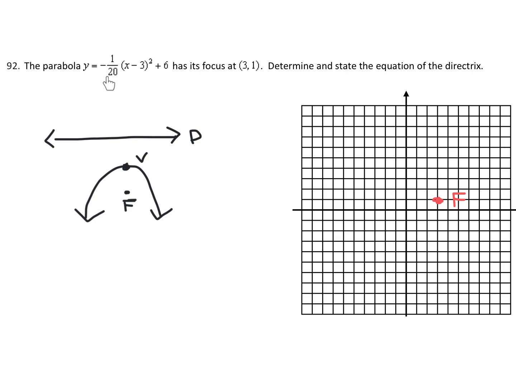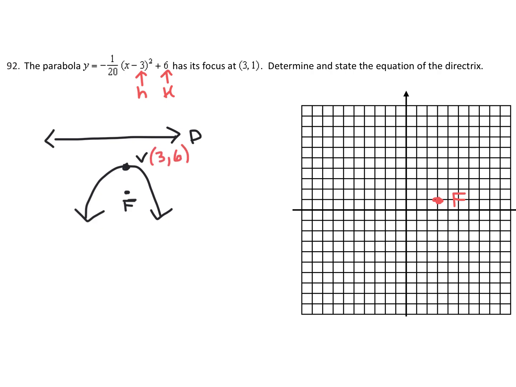Now, let's look at the equation of this parabola. We know that we get our h and our k from these two values right here. Now, let's think about this. Doesn't it go x minus h and then squared plus k? So this 3 has to be our h, and this 6 has to be our k. So the coordinates of our vertex, I'm going to put it right here, are 3, 6.